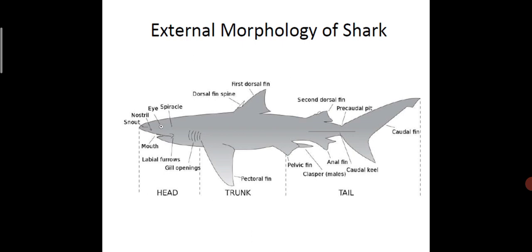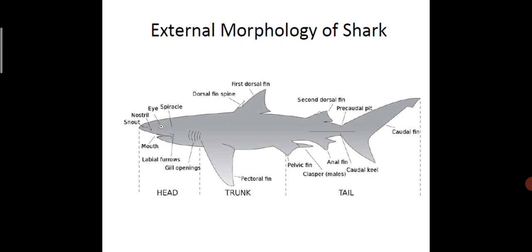Two prominent eyes are present on the sides of the head and are placed between the mouth and the nostrils. Each eye is protected by three eyelids, namely upper, lower, as well as the nictitating membrane, which is a third eyelid.